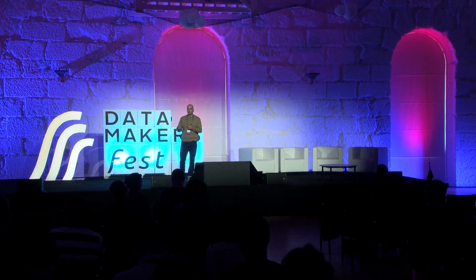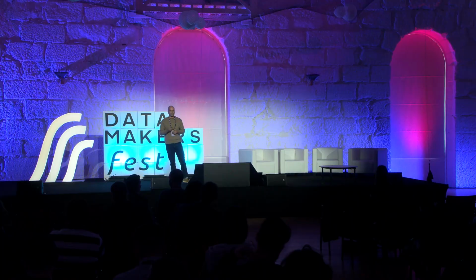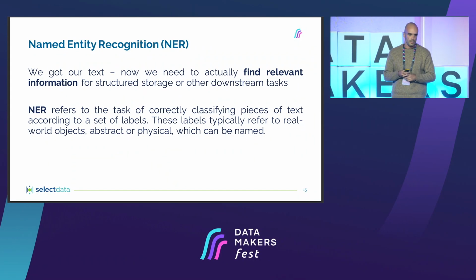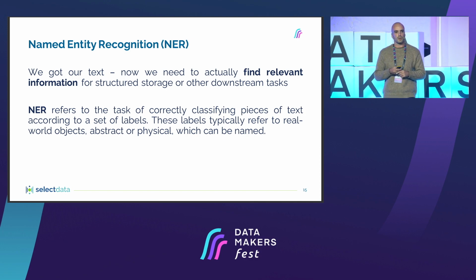So now we have the text on our side, no more images. We need to perform the act of actually extracting the information that we need. As Inez has already presented, the whole idea behind named entity recognition is to extract these pieces of information that make sense for us, in order for them to be either stored or used in other downstream tasks.